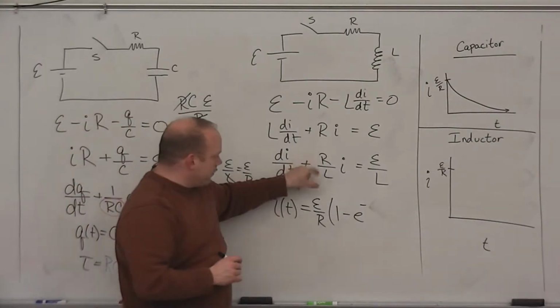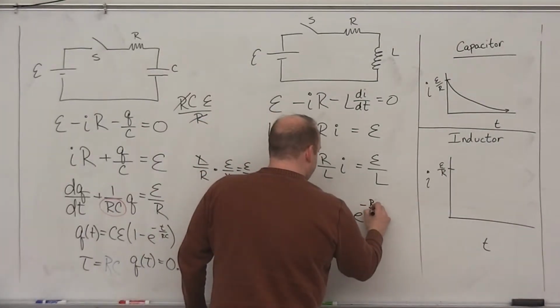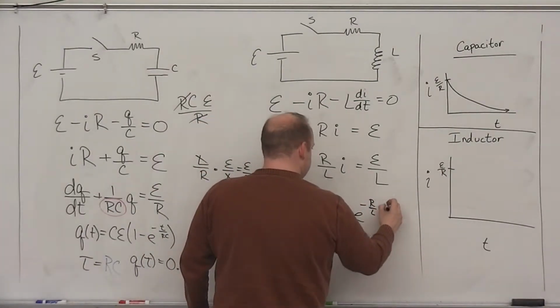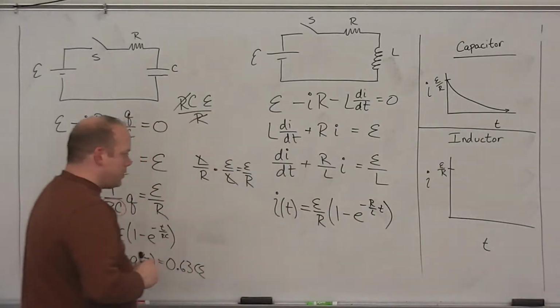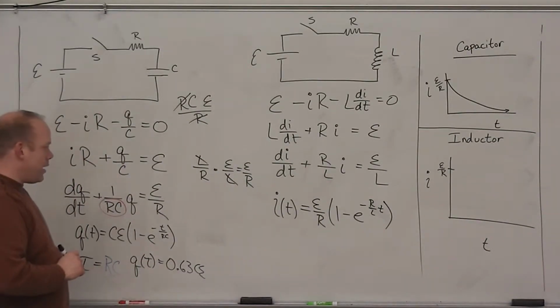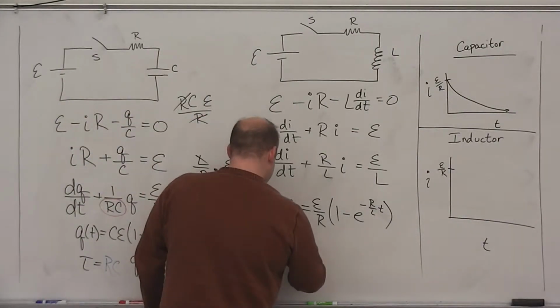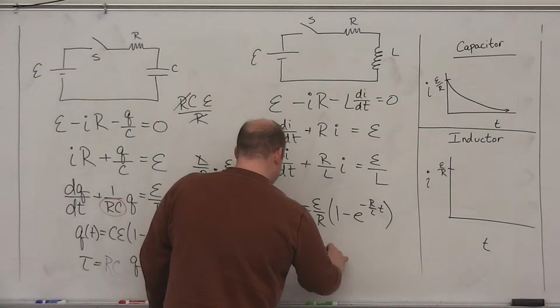I don't have 1 over something here, I have R over L. This will be R over L times t. Well now, tau, your time constant, will equal L over R.